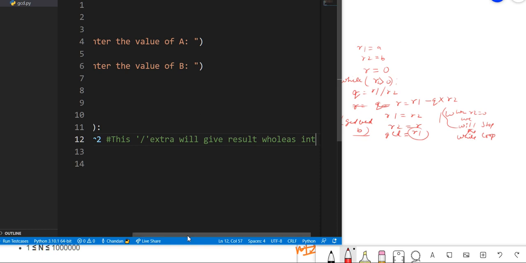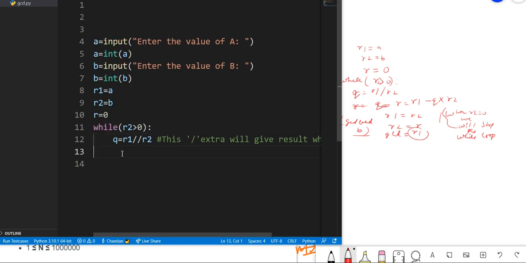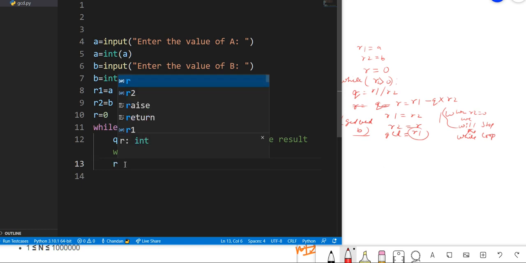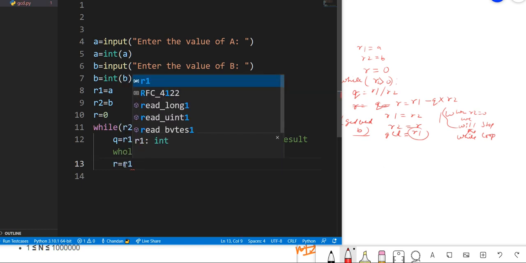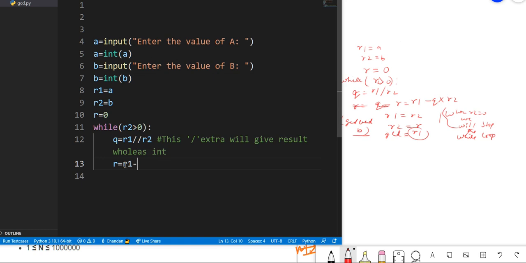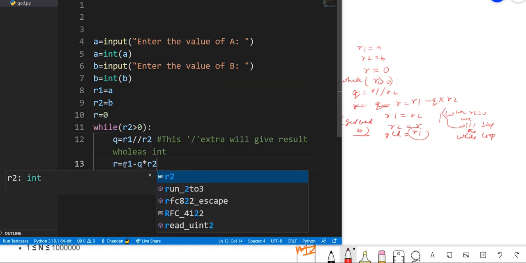So that's why I wrote like this. Now r equals r1 minus q into r2, right?